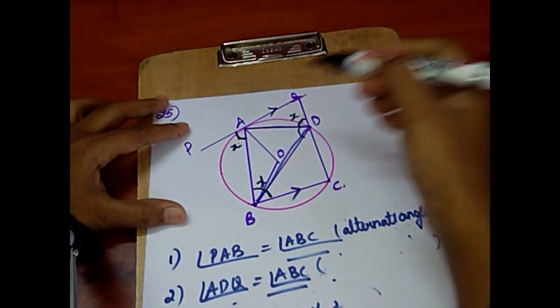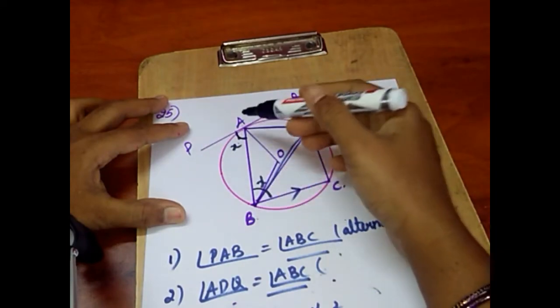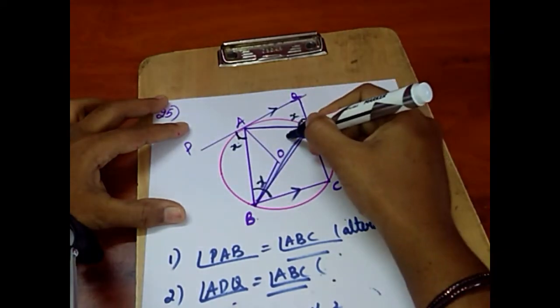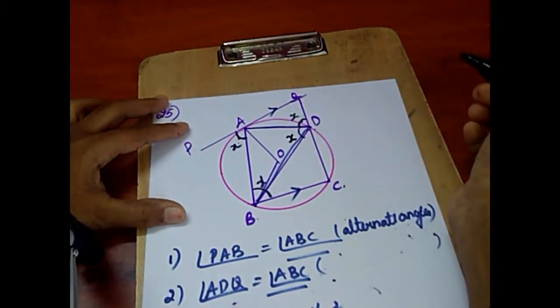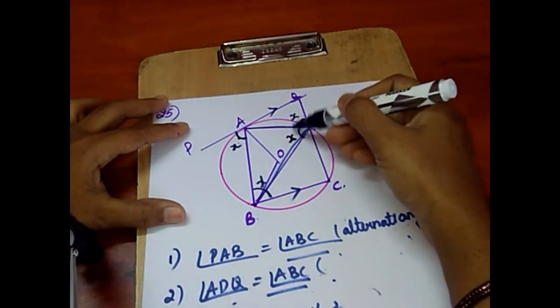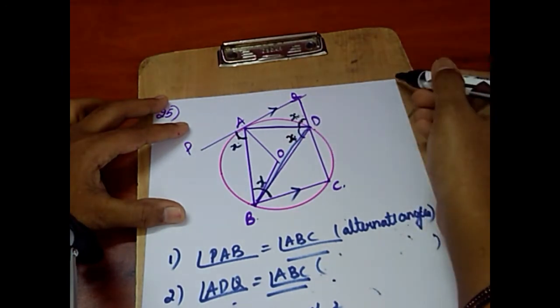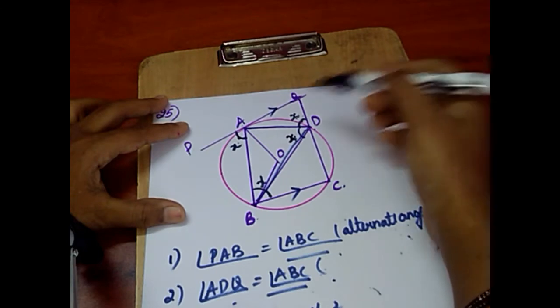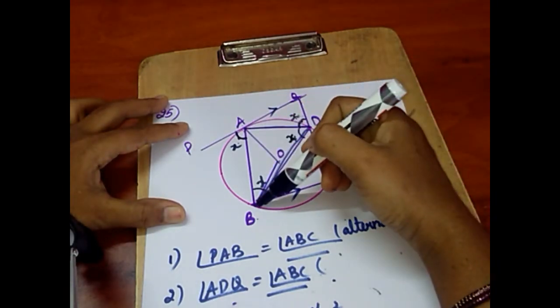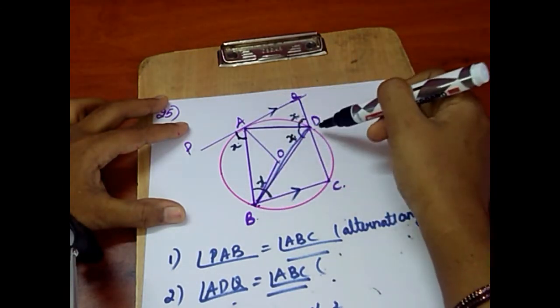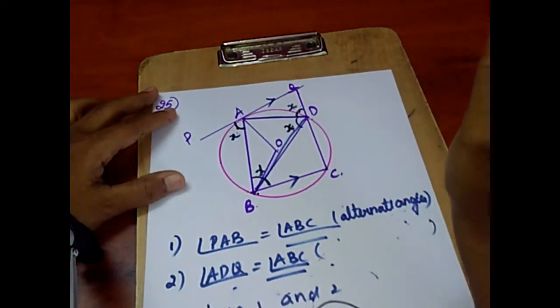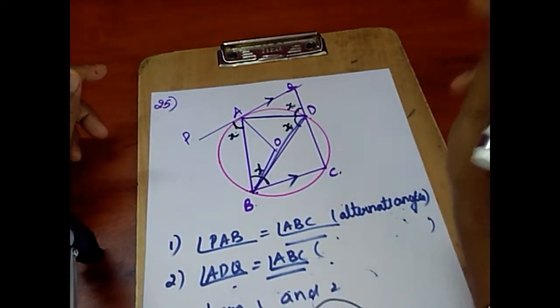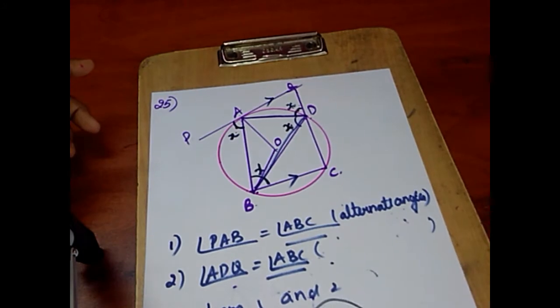The next concept we took is angle PAB is equal to angle ADB, angle in the alternate segment. As these two angles are equal, point number 3 is solved. Hence, angle AOB is equal to twice the angle ADB. This is the solution for question number 25.